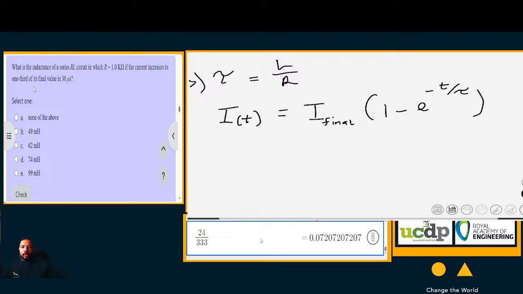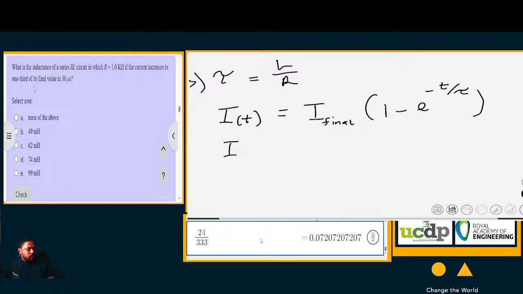How much time? And they want to know what would be the inductance if the current increases to 1/3 of its final value. So we know that t is equal to 30 microseconds.